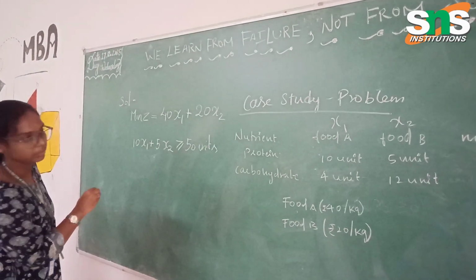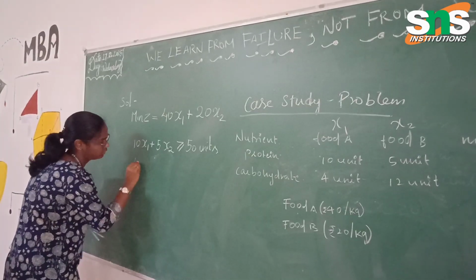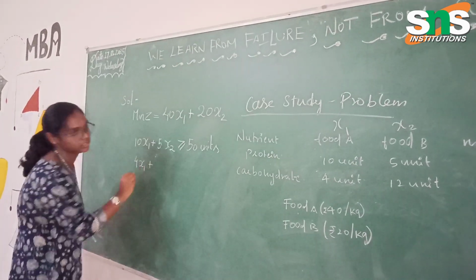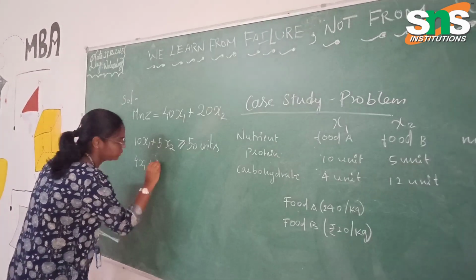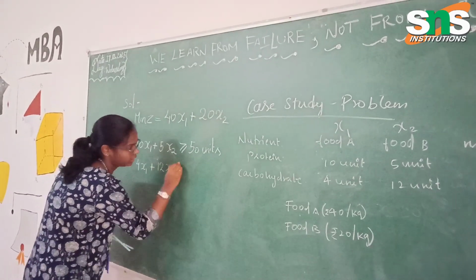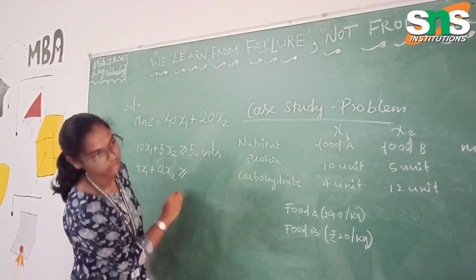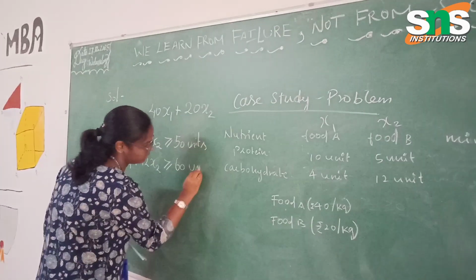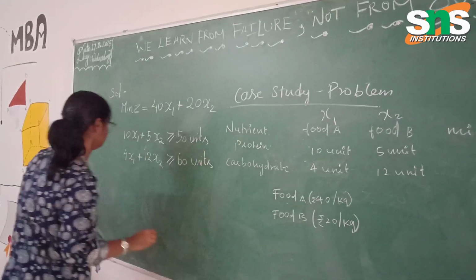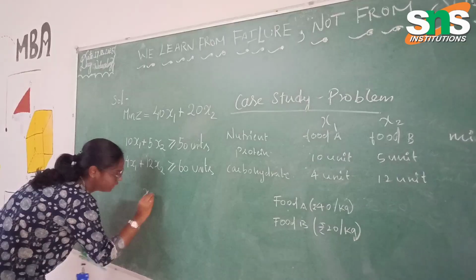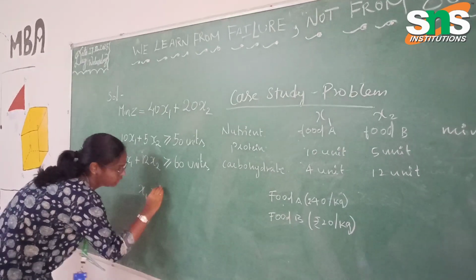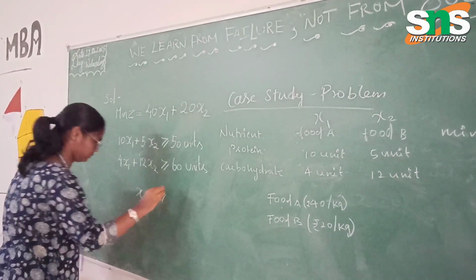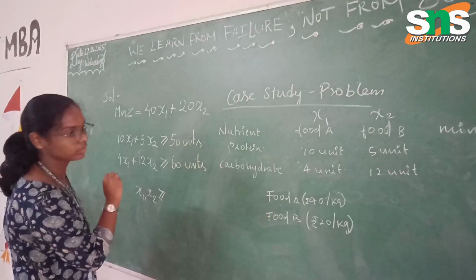And then for the carbohydrates, 4x1 plus 12x2 is greater than or equal to 60 units. Here x1 and x2 are greater than or equal to 0.